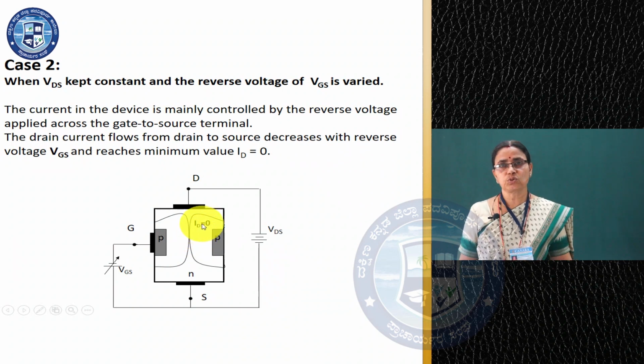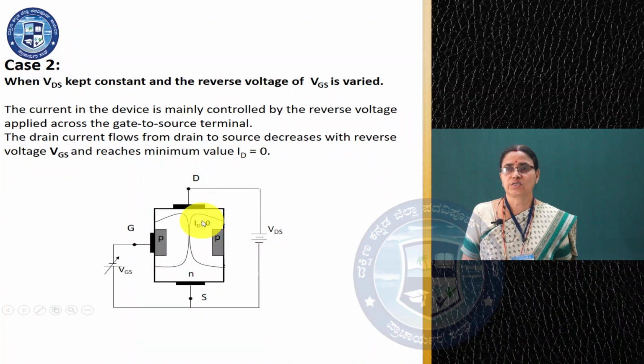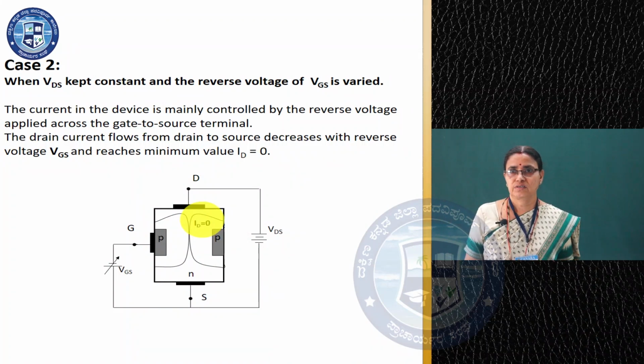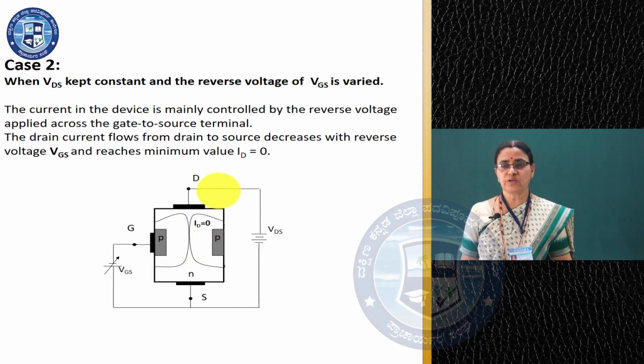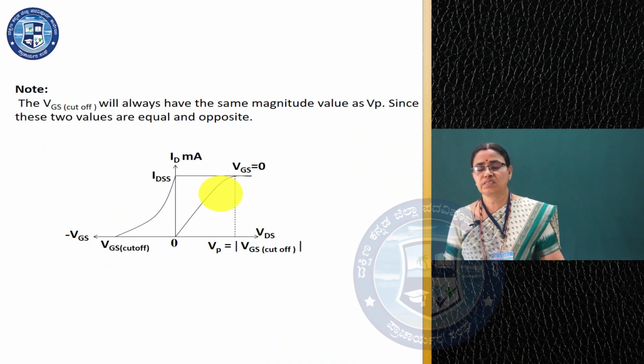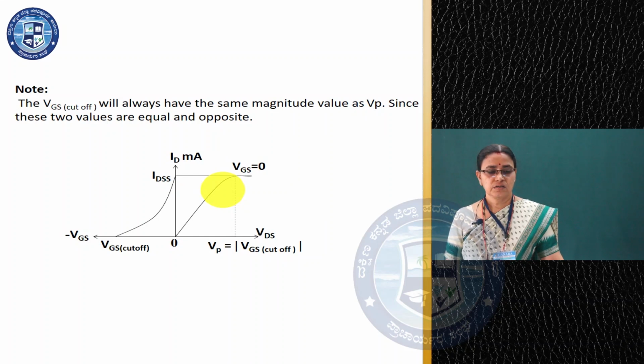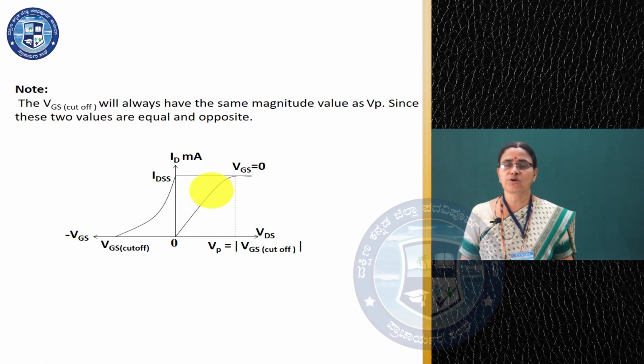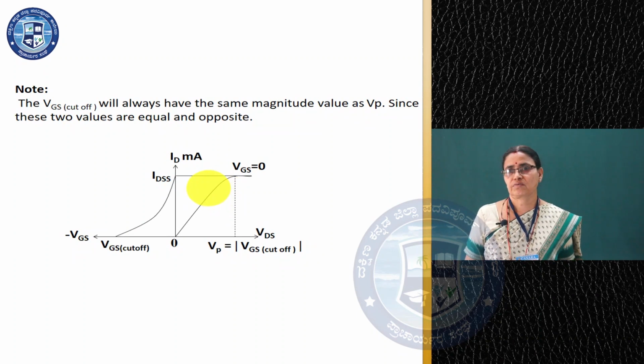The gate to source voltage at which the drain current is equal to 0 is called the VGS cutoff. So no current flows through the circuit. Here is one point you have to remember: the VGS cutoff is equal in magnitude to Vp but opposite in sign, meaning Vp is equal to the modulus of VGS cutoff.